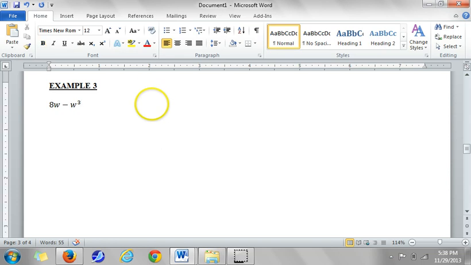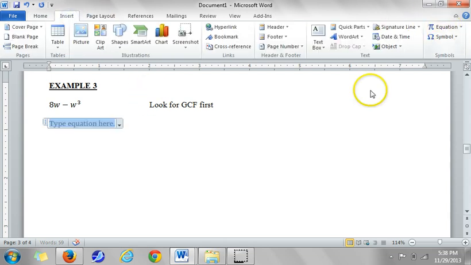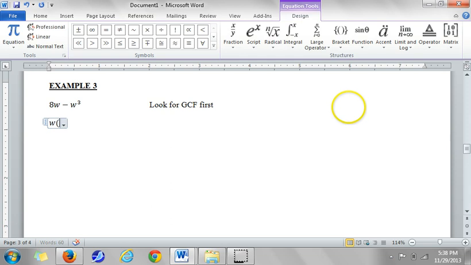Alright, example 3. Again, look for a GCF first. In this case, both terms have a w. They don't have any constant values in common with each other, no numbers that we can divide out, but we can divide out a w. And when I do that, that would leave me with 8 minus w squared.